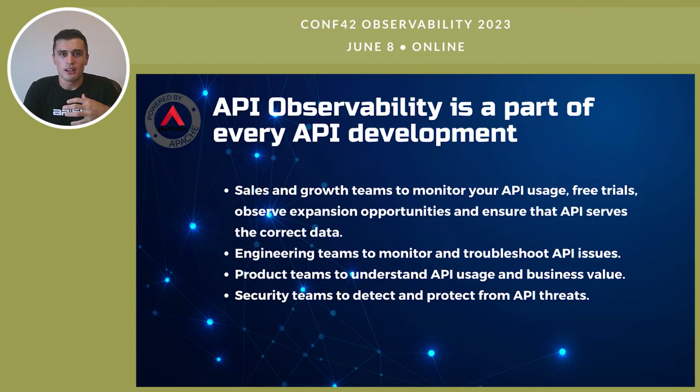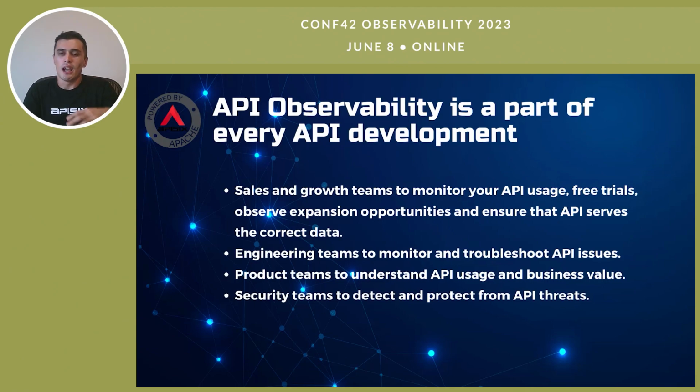As you can see in the next slide, each team needs API observability for different purposes. Let's take engineering. It provides clear definition on how to implement the APIs. For the product managers, it helps to understand adoption and consumption of your APIs.